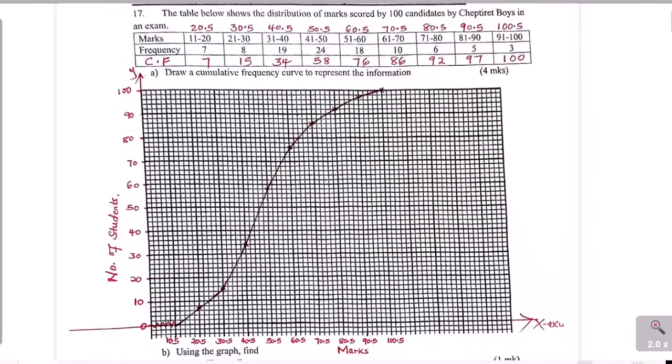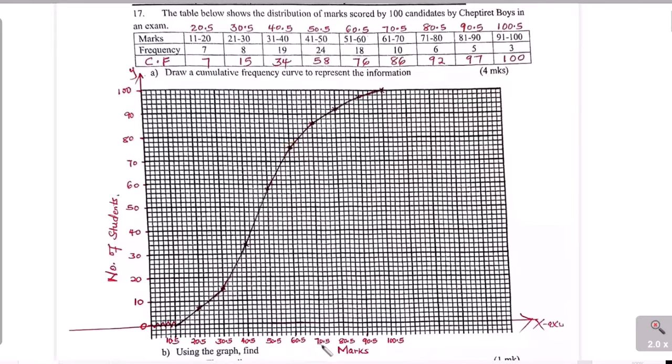The first one is 20.5, 7 is there. Then 30.5 is here, 15 is there. 40.5, 34 is there. Then 50.5, you have 58, 58 is there. The next one is 60.5, 76, 76 is there.